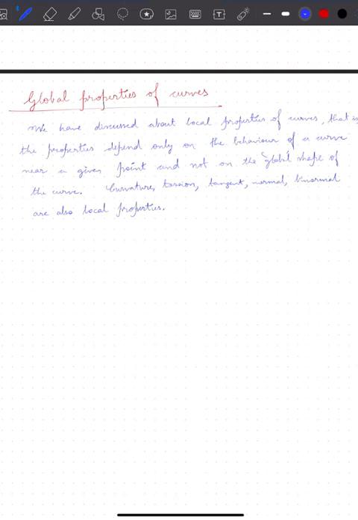So we begin with a definition, and this is about what we mean by a closed curve.